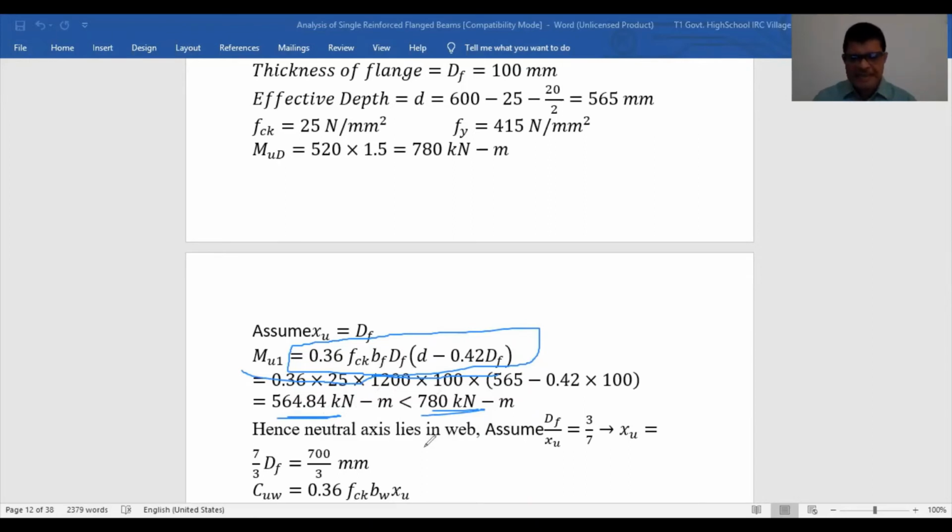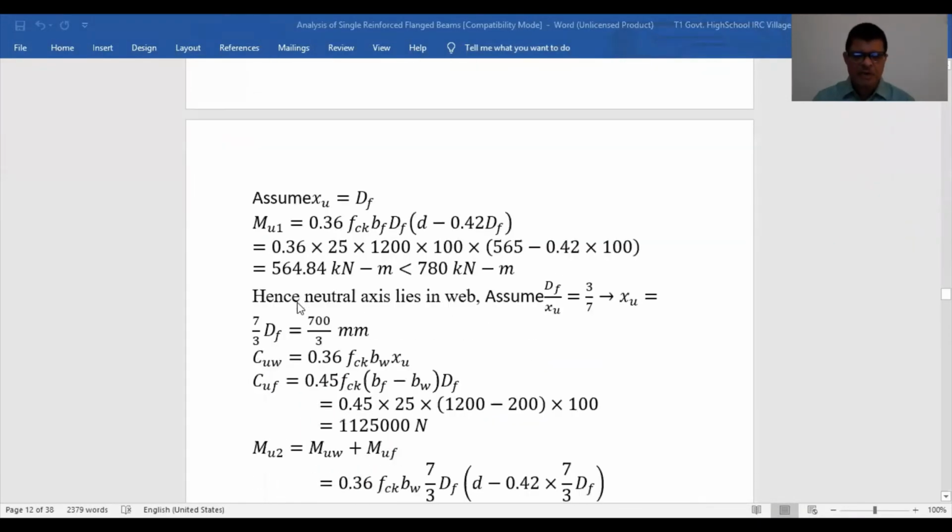So now, if it lies in the web, then Df by xu is equal to 3 by 7, or more than 3 by 7, or less than 3 by 7. That we don't know. So first assume Df by xu is equal to 3 by 7. So we find xu is equal to 7 by 3 Df. So once you find this value, then equate the compressive force to the tensile force.